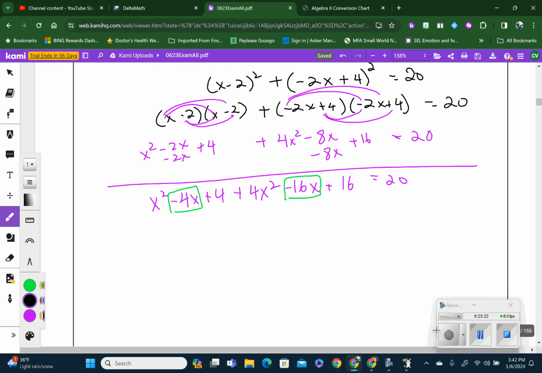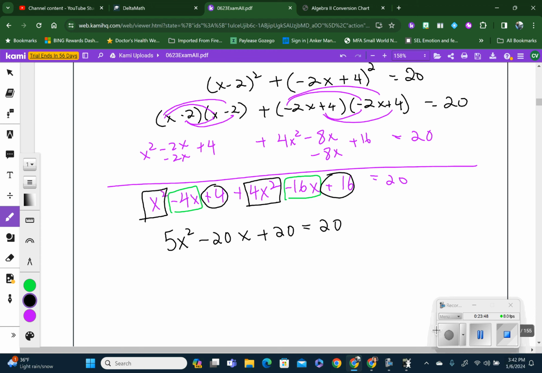And then I have the 4 that can combine with the 16. So let's do that. So we have x squared minus 20x plus 4x. Oh, 4x squared can combine with this x squared here. So that's going to be 5x squared. And then 4 plus 16 is 20. And set this equal to 20. Okay. Now let's zero this out.